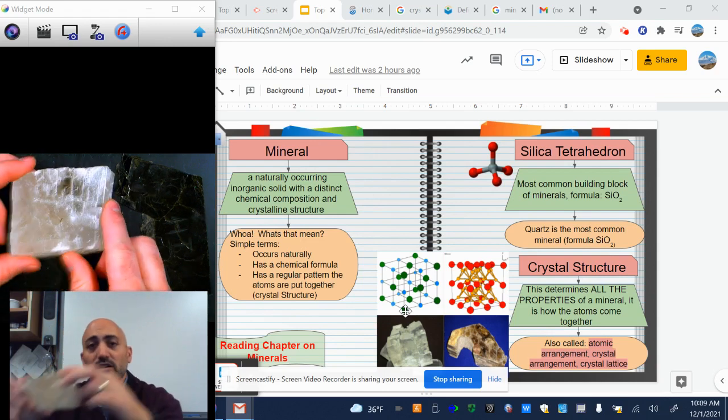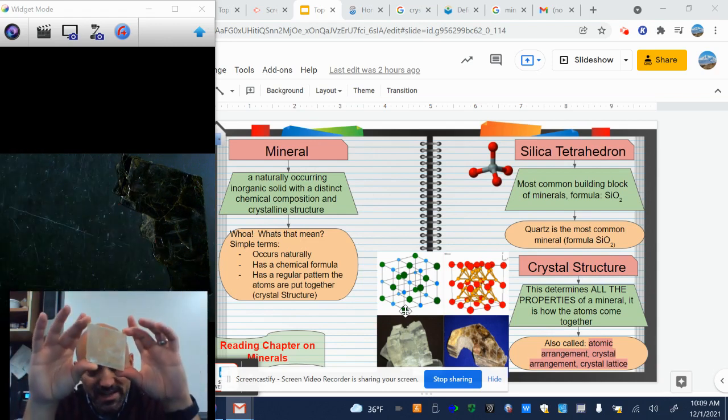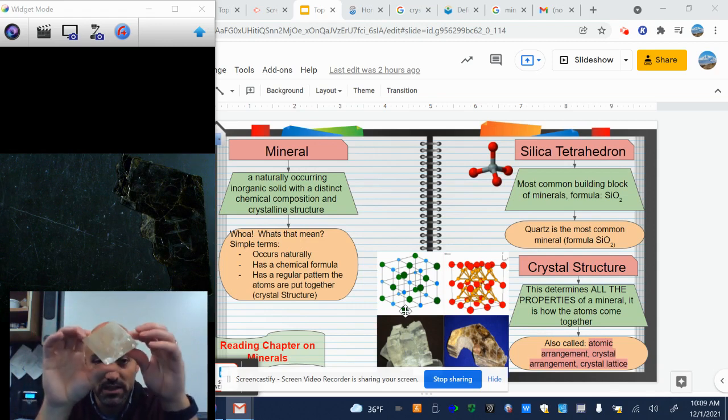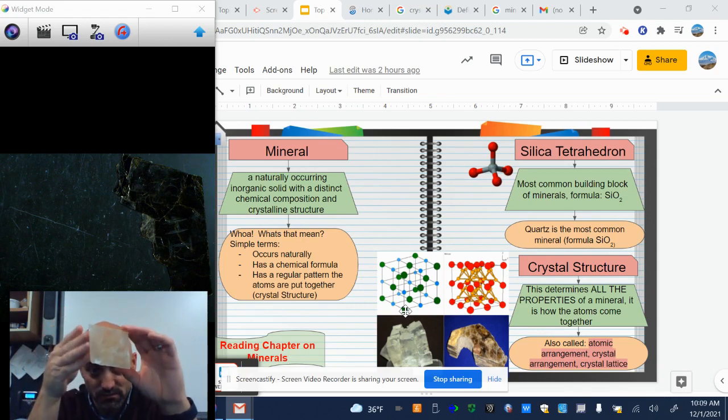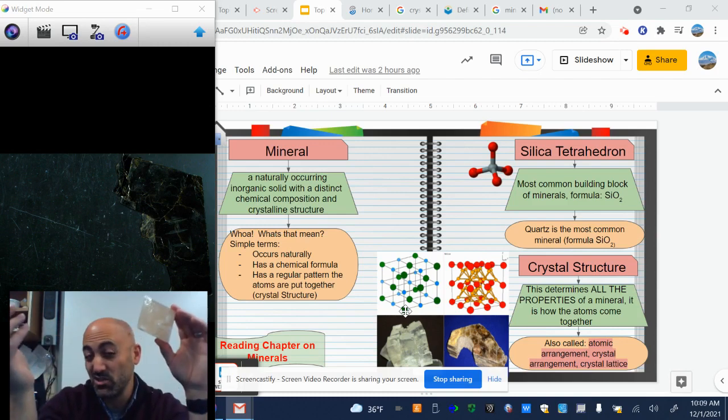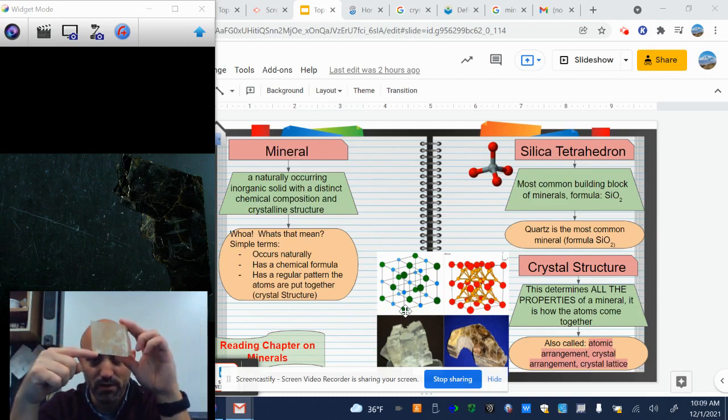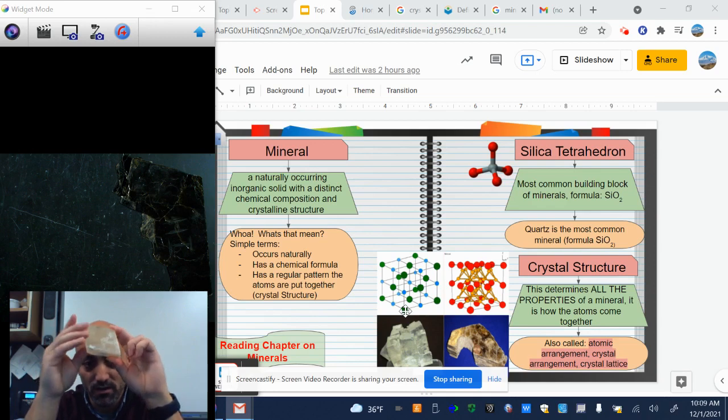So I've got some minerals here. This is another crystal. Now this one is not a cube, okay? This one is rhombohedral. What that means is it's a rhombus, just like, well, I'm assuming in geometry, you learn about what a rhombus is. It's a squished square, but it looks like that because the atoms come together in a squished square.